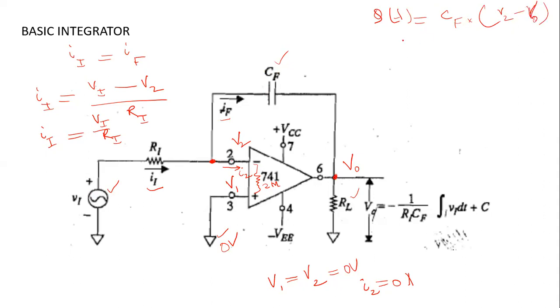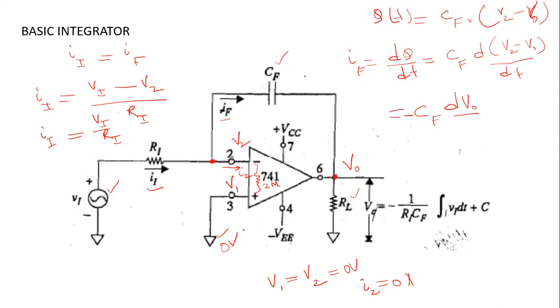So the current IF will be dq upon dt, the rate of change of the instantaneous charge, which is CF times d of (V2 minus V0) upon dt. So this is the feedback capacitor CF. V2 is 0, so that means there will be a minus CF times dV0 upon dt.